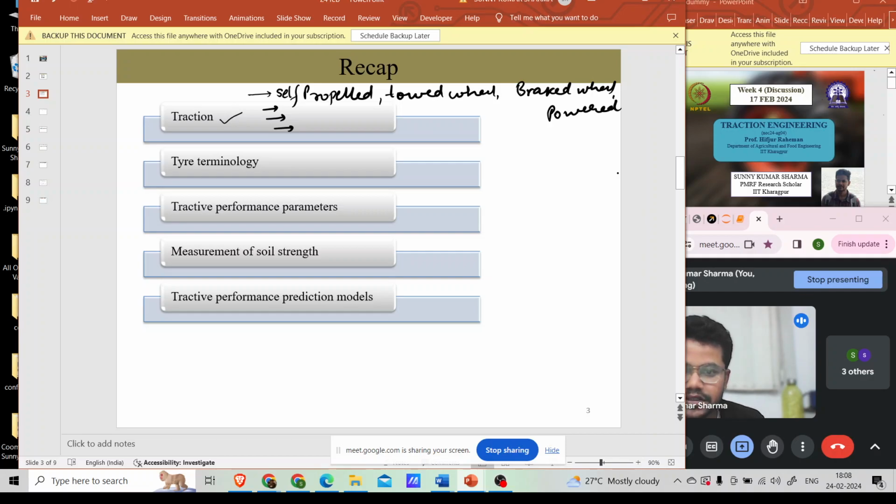This thing we have already discussed. Tire terminology, we have already discussed what is section width, section height, overall diameter, how to calculate, you must be remembering. Tractive performance parameters, those 5 parameters we have already discussed. Sivaraman, what were those 5 parameters?